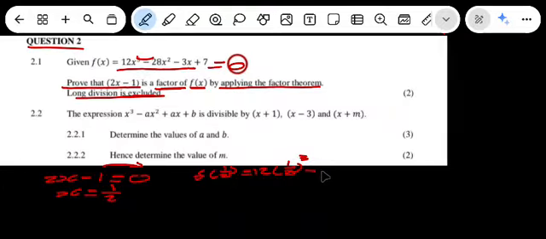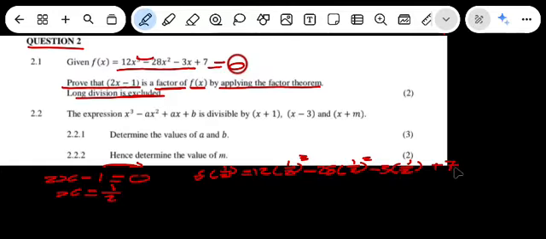Minus 28, then you replace x with 1 over 2 and square it. Then minus 3 into 1 over 2, plus 7.